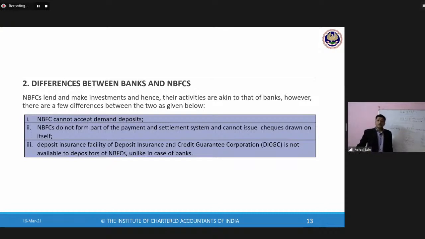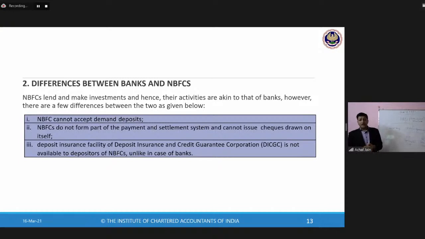If you want, you can also keep referring to the study material alongside. NBFCs cannot accept demand deposits, which the banks can do. However, NBFCs can accept term deposits in some cases. As far as demand deposits are concerned, those cannot be accepted by the NBFCs. So this is one of the differences between them.